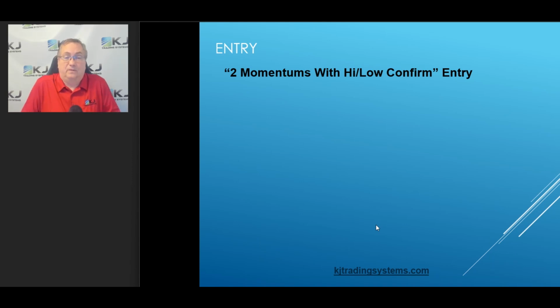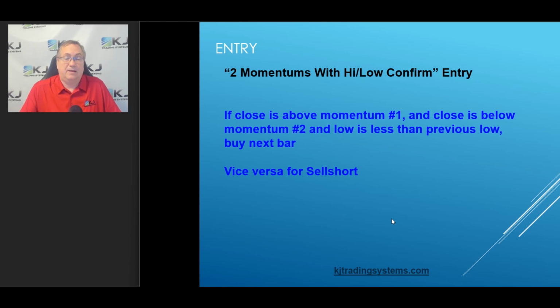Okay, so what is the entry? I call it a 2 momentums with a high-low confirmation entry. Here are the rules. Pretty simple. If the close is above momentum 1, so it's a certain length momentum, and the close is below momentum 2, so there are 2 conditions to it, and the low is less than the previous bar's low, then you buy.